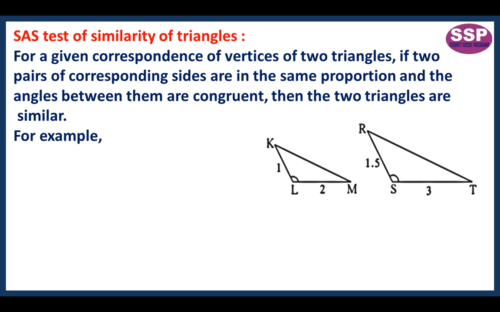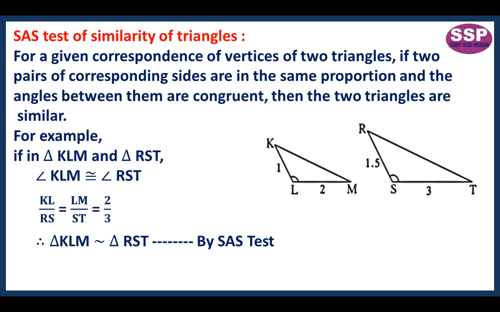For example, in triangle KLM and triangle RST, angle KLM is congruent to angle RST, and two pairs of corresponding sides, that means KL upon RS is equal to LM upon ST, that is equal to 2 upon 3. That means corresponding sides are in proportion and the angles between them are congruent. Therefore, these two triangles are said to be similar by SAS test.